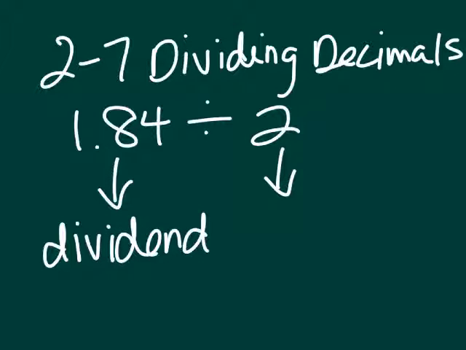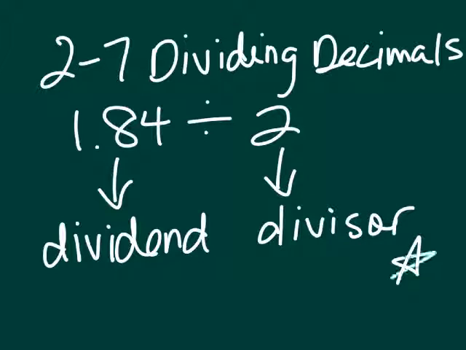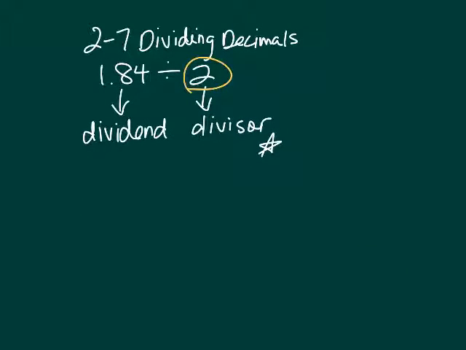And the number you're dividing by is called the divisor. This one actually is kind of the important one. So put a little star next to it. If you can remember that you always want the divisor to be a whole number, that will help you with your dividing decimals, okay? So let's go ahead and do 1.84 divided by 2.